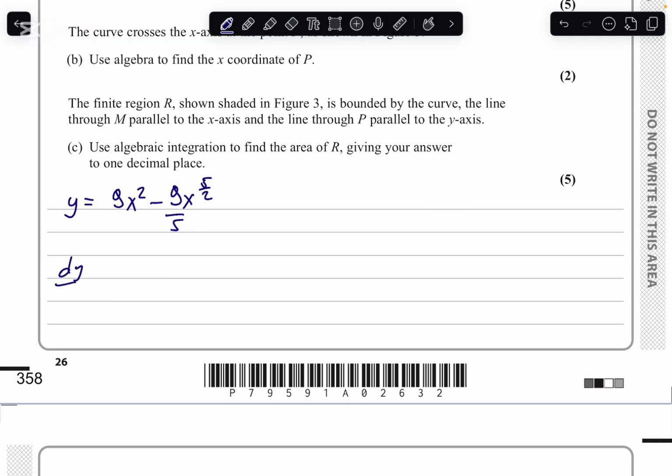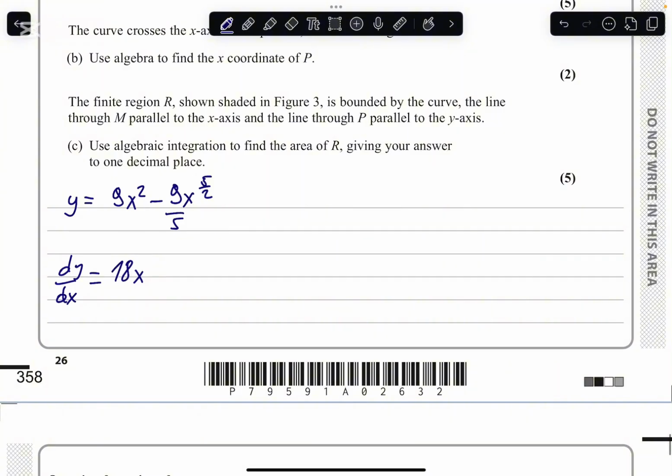Now, how we differentiate is we do the power times the number in front, so 9 times 2 in this case, and we do minus 1 from the power, so it'll be just x to the power of 1, minus 9 over 5 times 5 over 2, which is 9 over 2, x to the power of 5 over 2 minus 1, which gives 3 over 2.